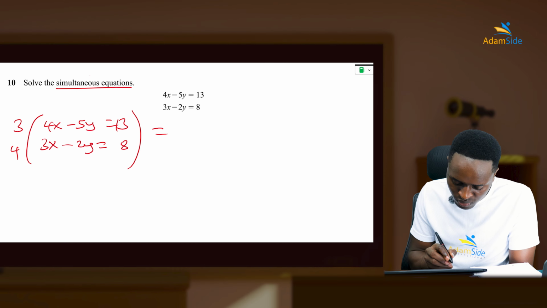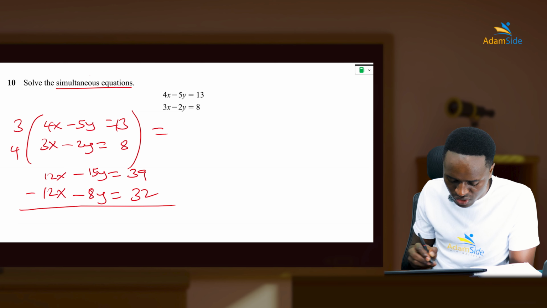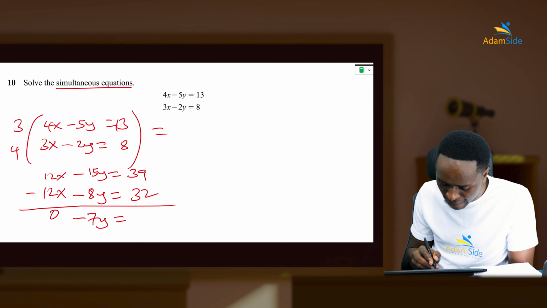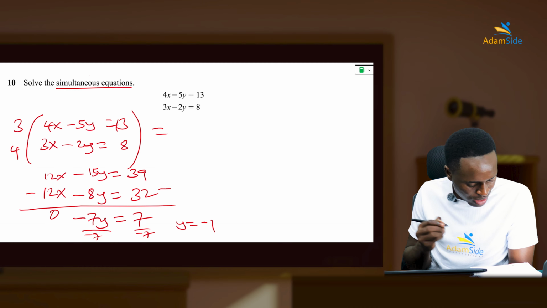What do you get in that case? 3 times 4, you get 12x minus 15y is equal to 39, and 12x minus 8y is equal to 32. 12x minus 12x is 0, minus 7y is equal to 39 minus 32, which is 7. So divide by negative 7, y is equal to negative 1.